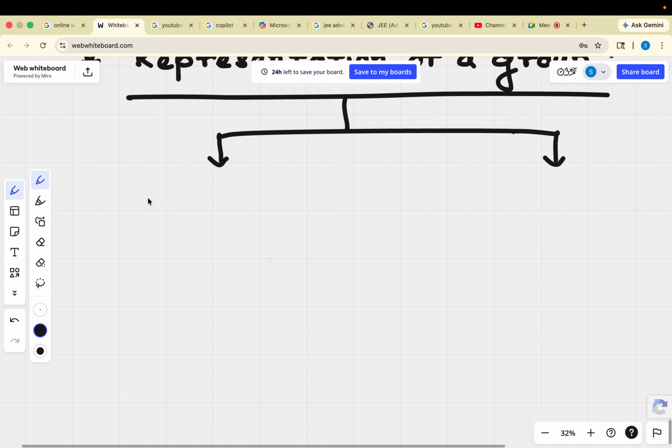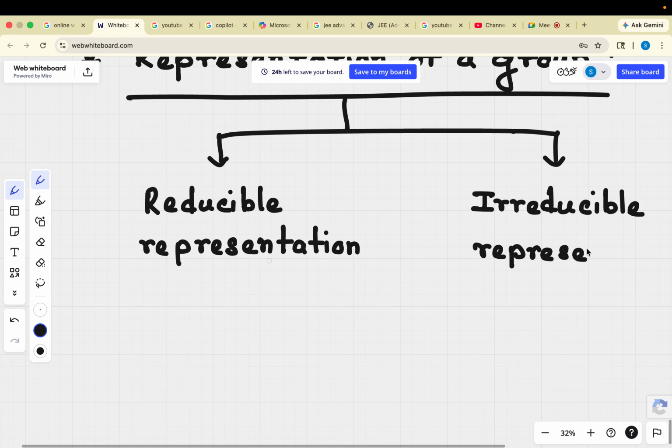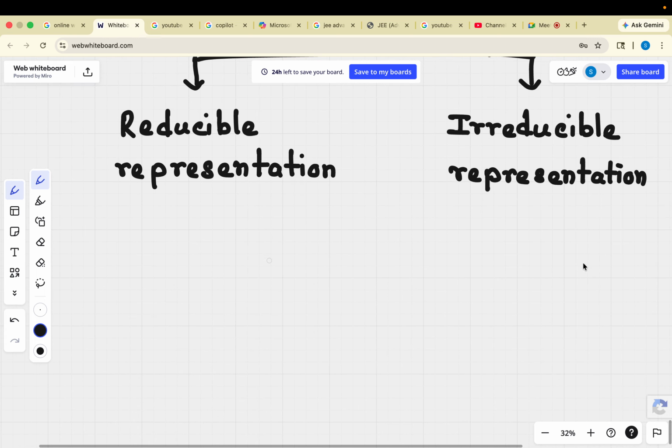So one is your reducible representation, and another one is your irreducible representation.